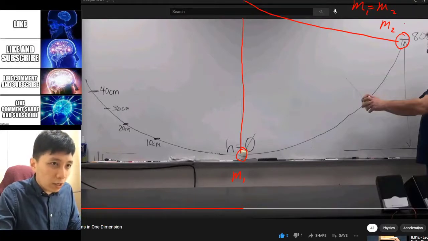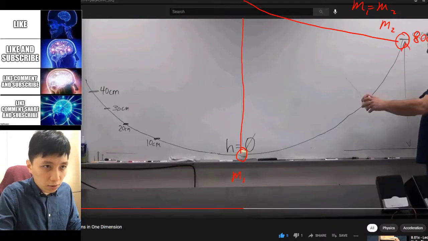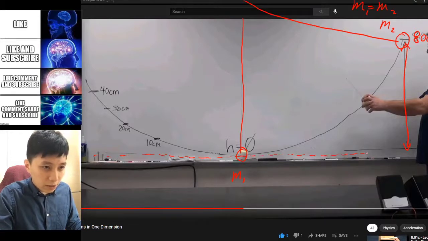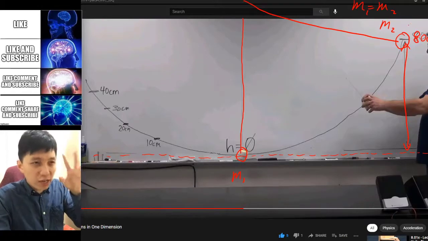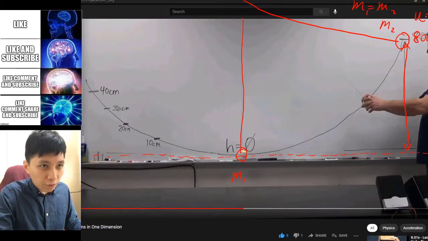Here, we'll have the ball set up at 80 cm tall from the base. The base is where the first ball M1 is. And then we are going to release this ball. When we say release, that means the initial velocity is 0.